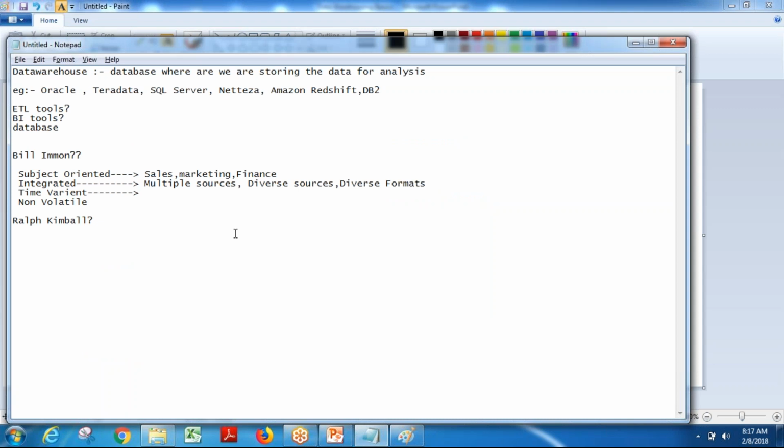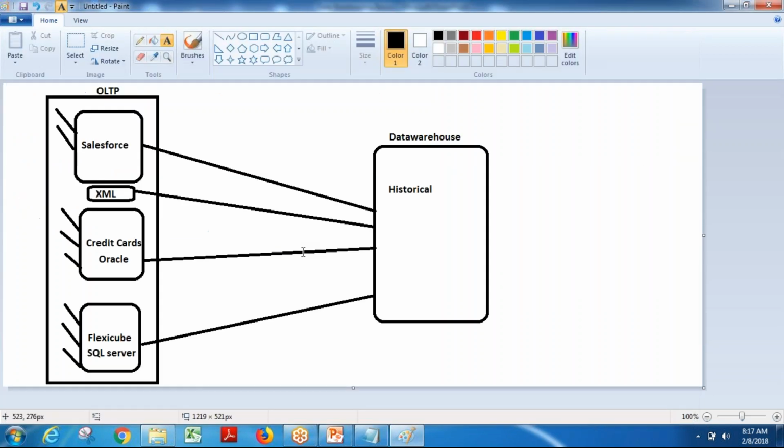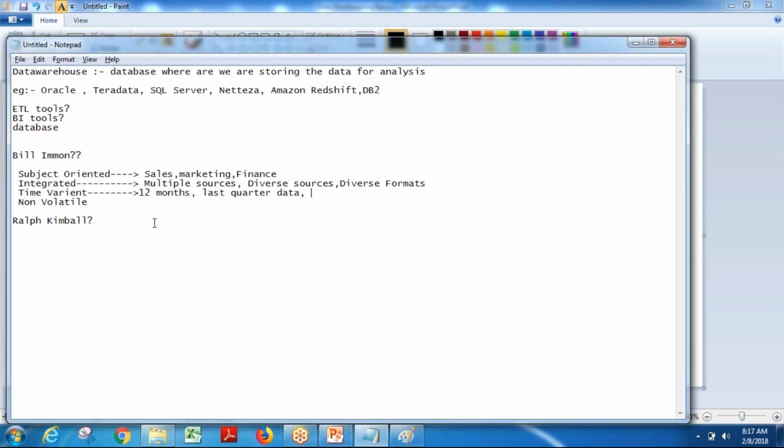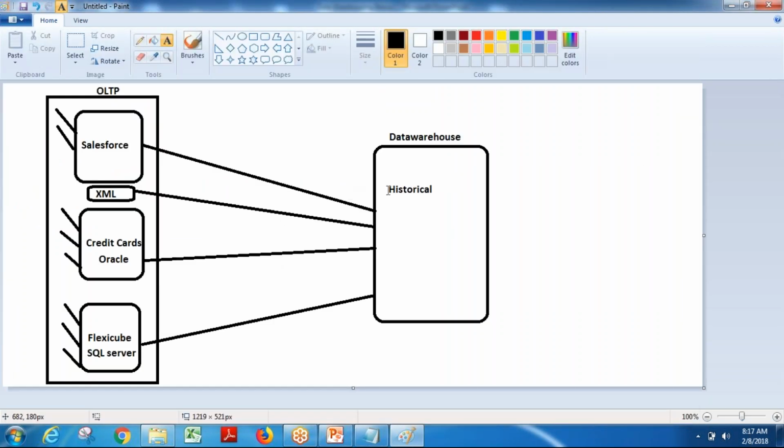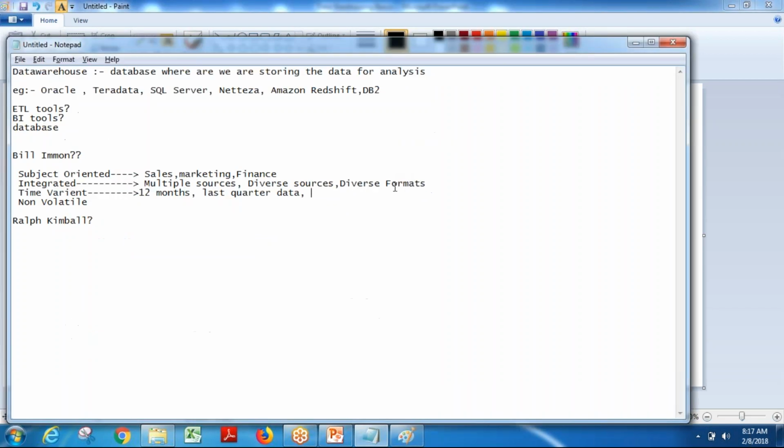If you want to access the data for the last 12 months, yes, we can access it. Or let's say you want to find out last quarter data, so that you can access it. Or last month data, or previous to previous year data. Likewise, the historical data is present in a time variant system, right?